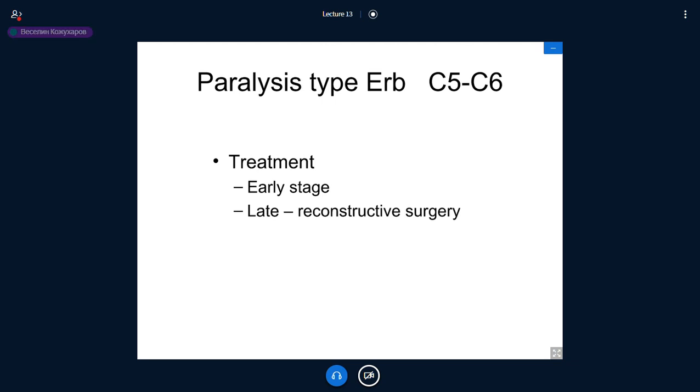What else? We could perform corrective osteotomy of the humerus with the same goal, to place the hand in front of the body. We usually cut the bone at 30 degrees. We cut the upper part of the humerus, perform a transversal osteotomy, and then the distal part of the bone should be externally rotated by 30 degrees.